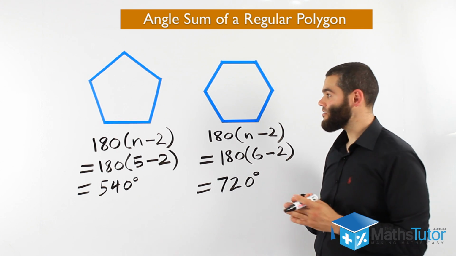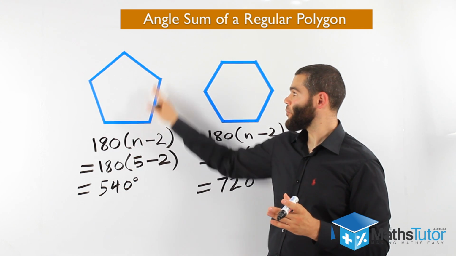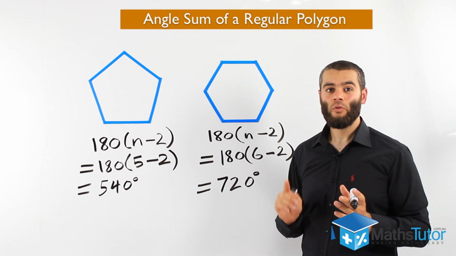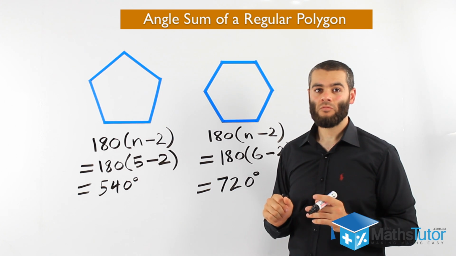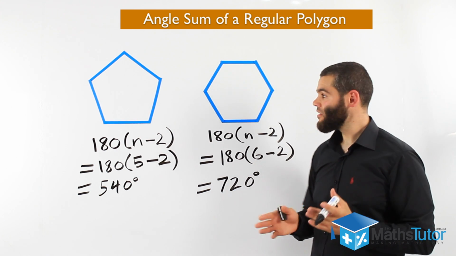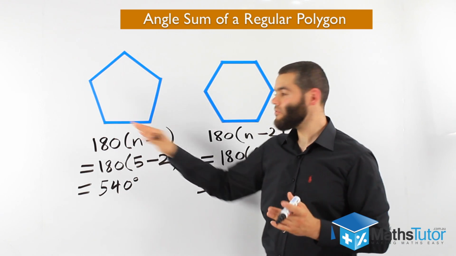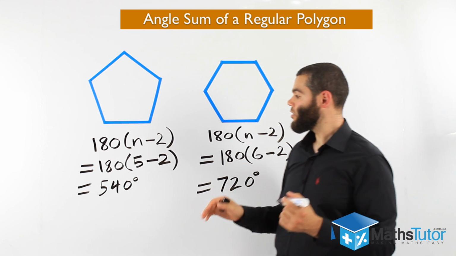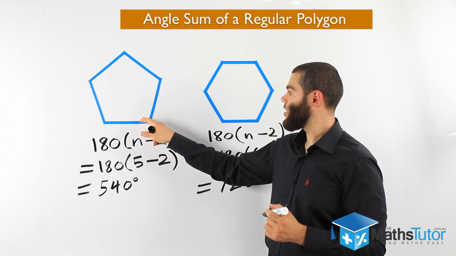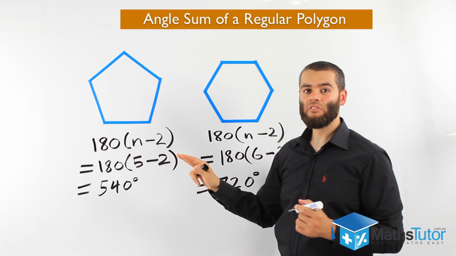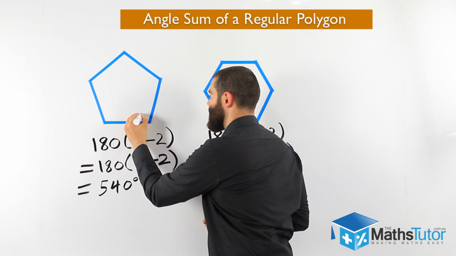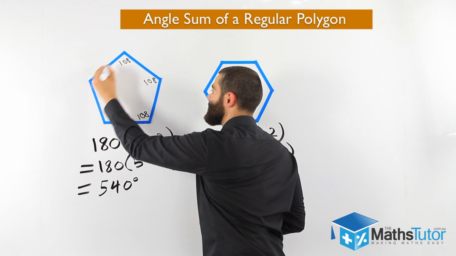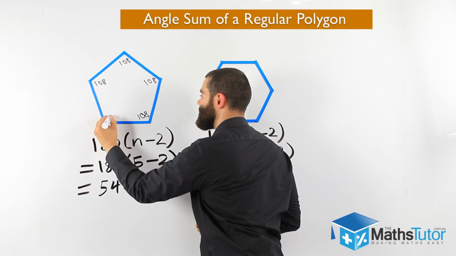Sometimes you're going to be asked, okay, the angle sum for a pentagon is 540, so what if we want to know one angle? How much is that going to be? Well, since we know that 540 is the total, and we only want to find one angle, we work it out: 540 divided by 5 angles, and we will know that each angle is 108 degrees.